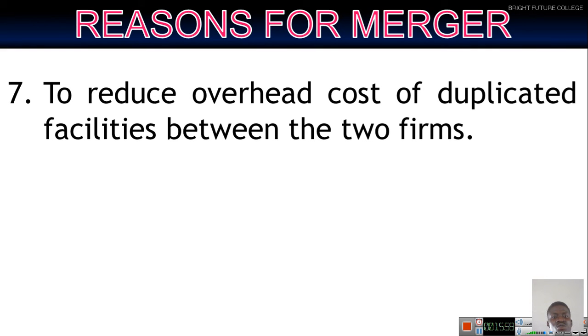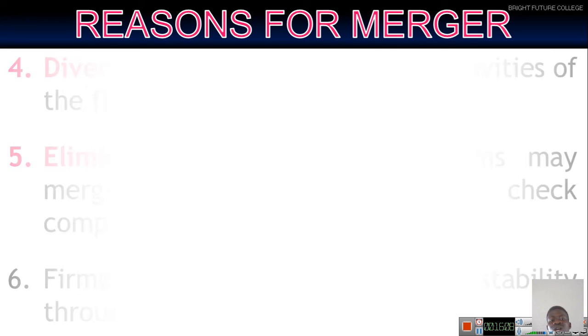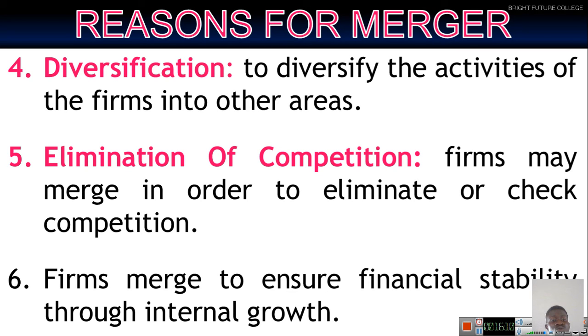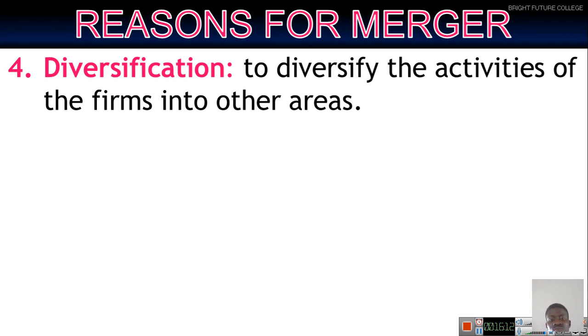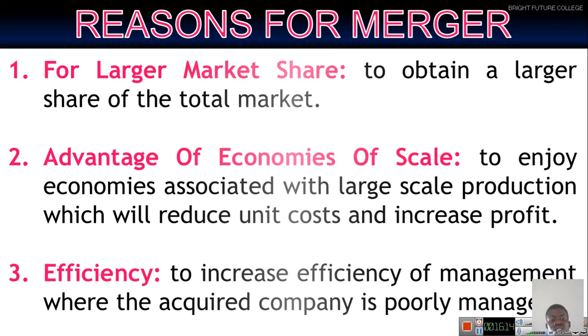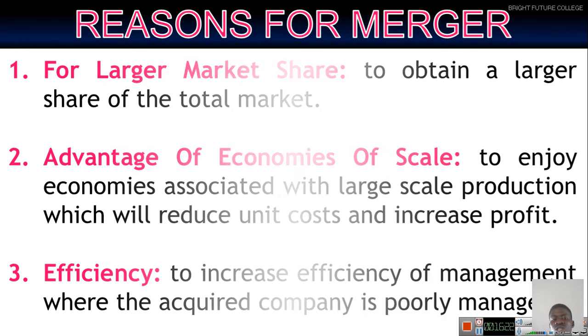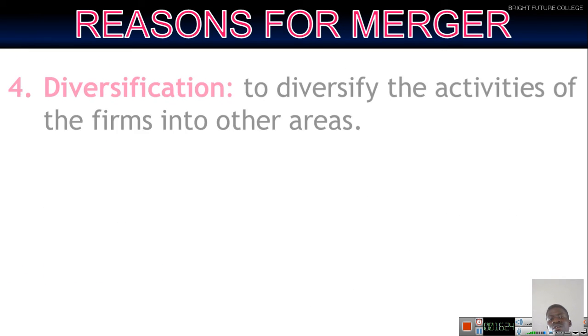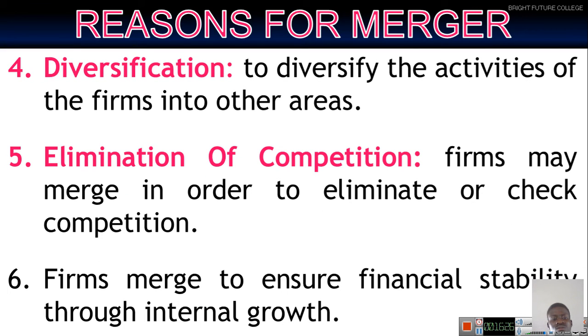Number 7 is to reduce the overhead cost of duplicate facilities between the two firms. It's close to what we had in economies of scale, where when firms merge, there will be advantage of economies of scale. So the overhead cost will be reduced, and for that reason they will enjoy economies of scale.